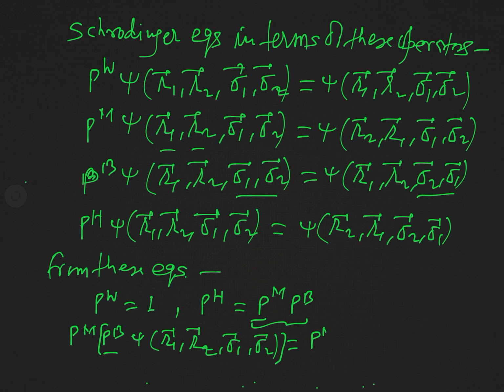The effect of P_B is to interchange the spin coordinates, so this will be P_M psi of r1, r2, sigma 2, sigma 1.